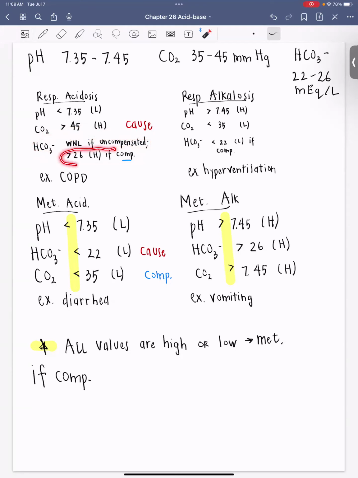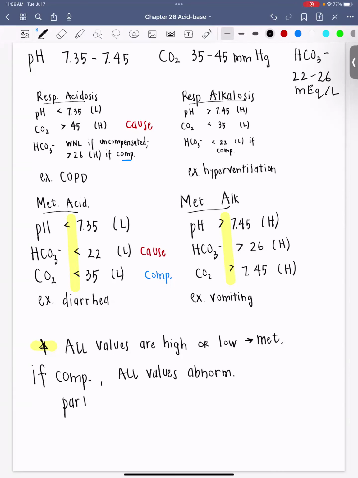It will be outside of its normal range if compensation is taking place. So if the condition is being compensated, then all of the arterial blood gases, pH, carbon dioxide, and bicarbonate, are going to be outside of their normal ranges.